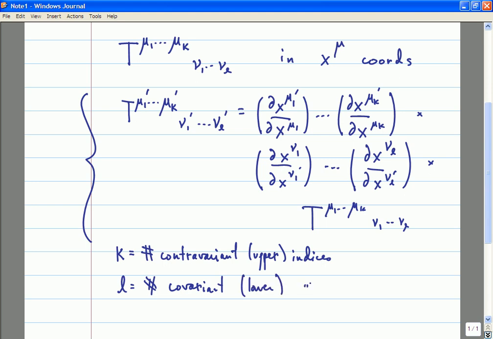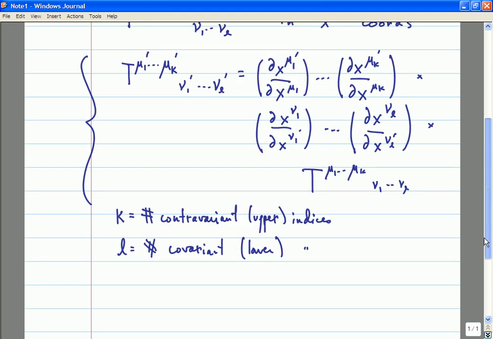Now, I don't tend to use the words contravariant and covariant because I always get them confused. I just use upper and lower. But I happen to have my notes here in front of me reminding me which ones are contravariant and covariant, so I'm telling it to you now, but do not expect to hear those words much for the rest of this course.